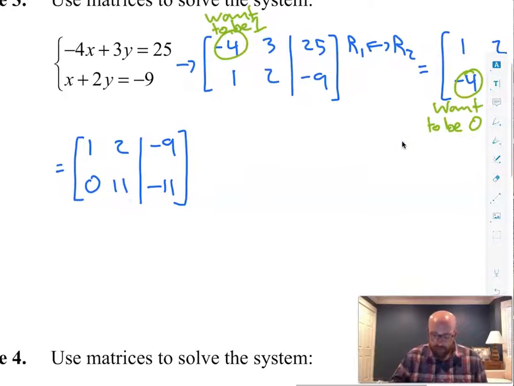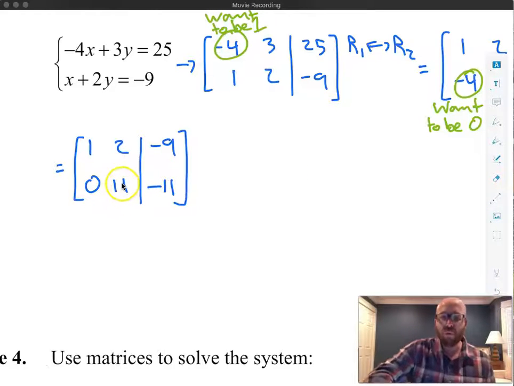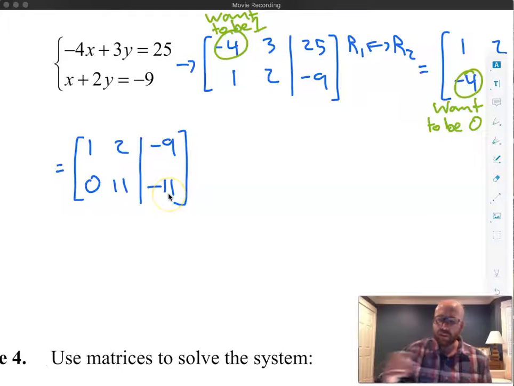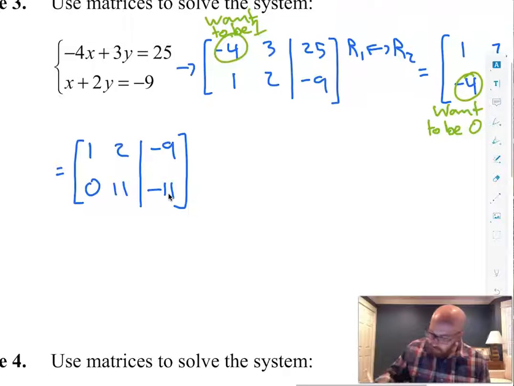All right. Now, the next thing that we want to happen is we want this second element in row 2 to be a 1. Now, immediately I see this negative 11 over here. 1 and negative 11, they're multiples of each other, which is good for us because we can do something as simple as 1/11 times row 2 to get what we want.